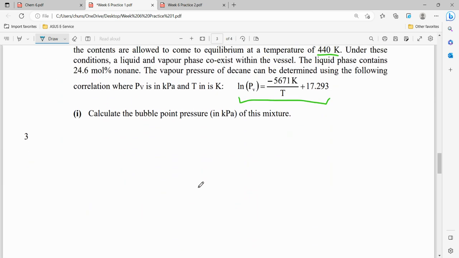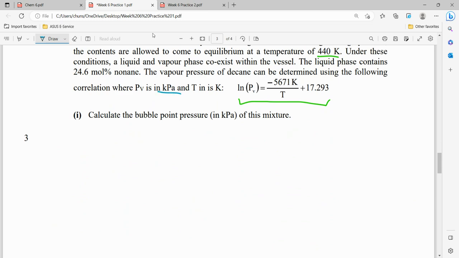We're going to need to convert that into kilopascals for this question. So let's start with that.